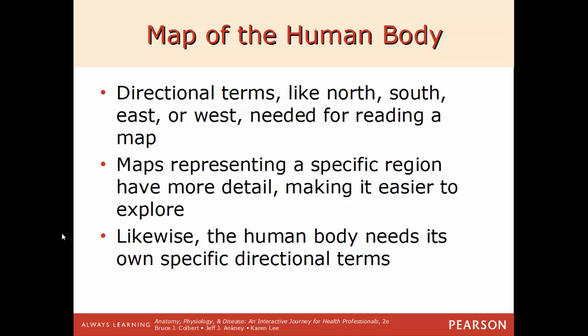We'll start with the map of the human body. Directional terms like east-west, north-south are needed when you're trying to read a map. Maps representing a specific region often have more detail, making it easier to explore. The same thing goes with the human body. We have our own directional terms used when it comes to anatomy and physiology.